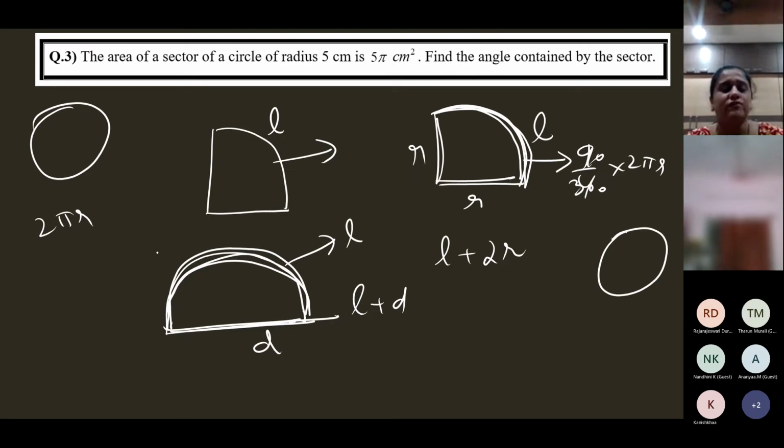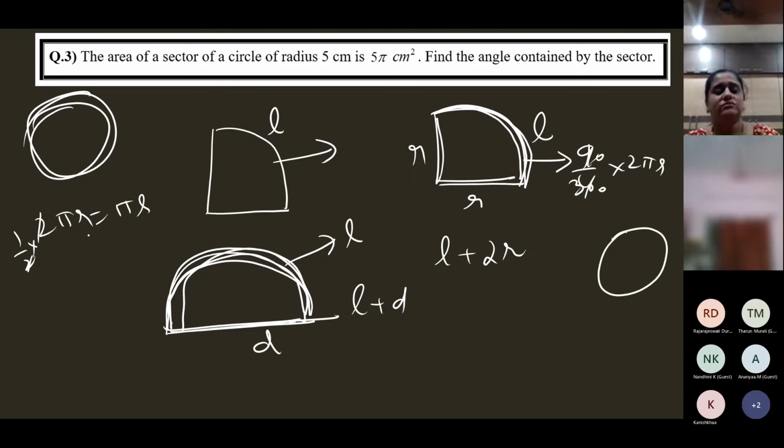How much is this one? Half of it. So half of 2 pi r, which is nothing but pi r. The central angle is 180 degrees. 180 by 360, which is 1 by 2.